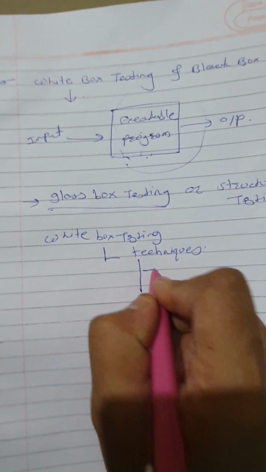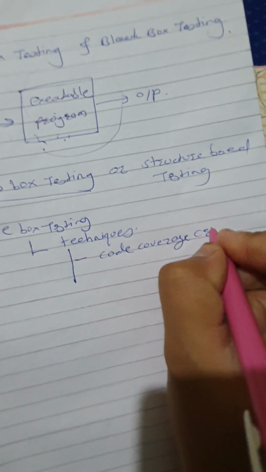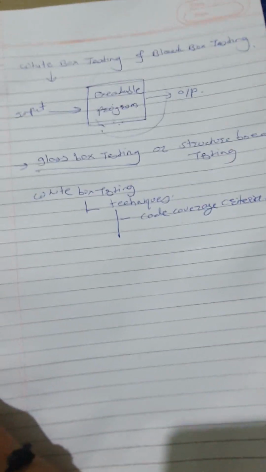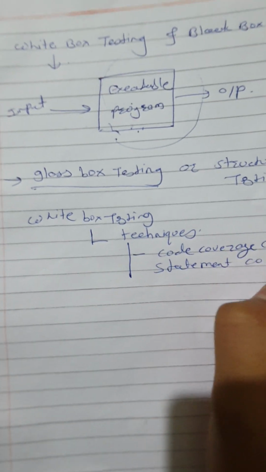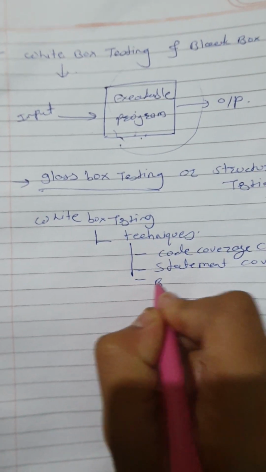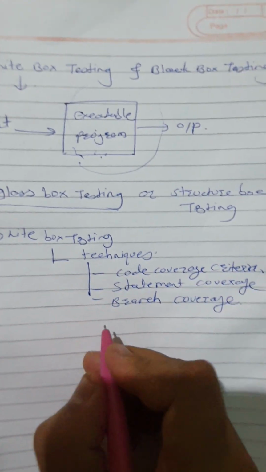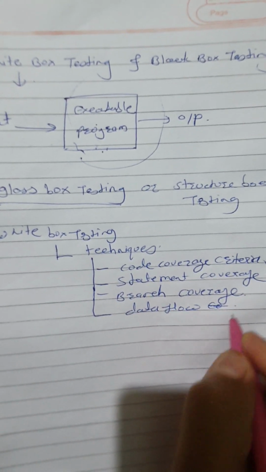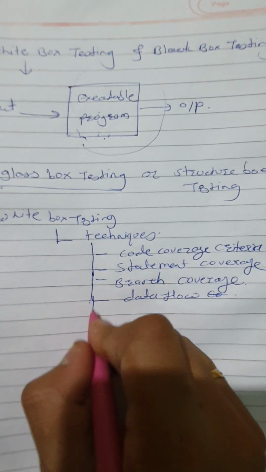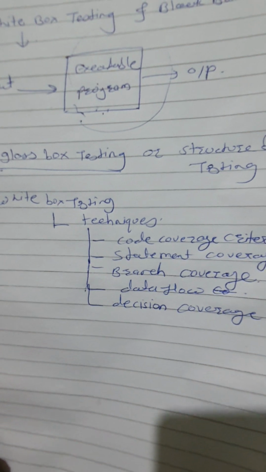These techniques are code coverage criteria, then branch testing, statement coverage, branch coverage, data flow, and decision coverage, etc. All of these are related to software. So white box testing has multiple techniques.